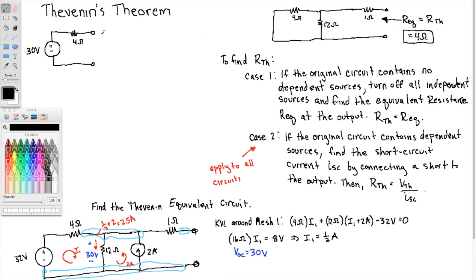So let me demonstrate that to you by connecting a 6 ohm resistor. Let's connect a 6 ohm resistor and let's see if we can find the voltage and the current across and through that 6 ohm resistor.